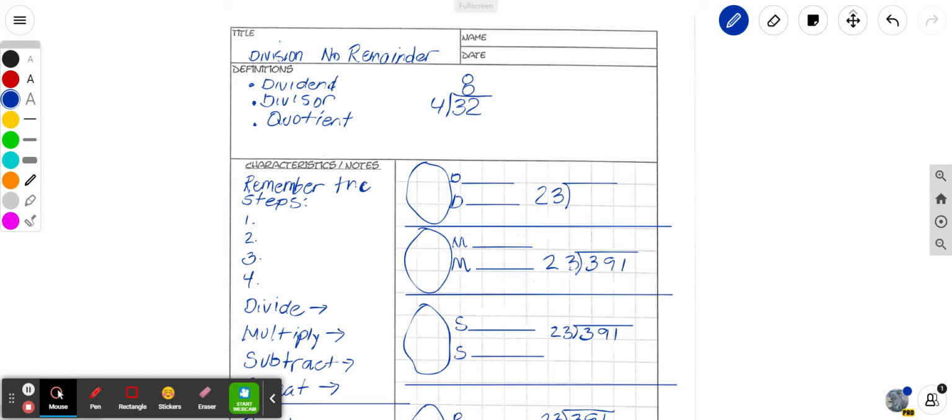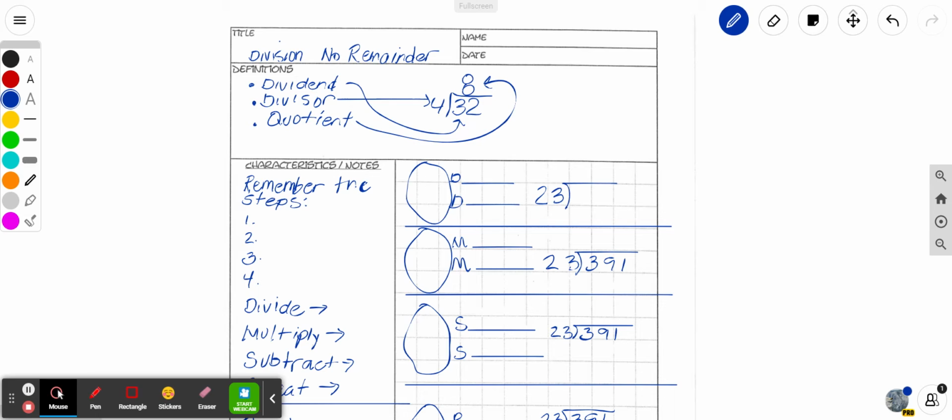So the dividend is the number that is divided. So here, the number that we're dividing is 32. So draw an arrow to that. The divisor is the number that you are using to divide. And the quotient, of course, would have to be the answer.